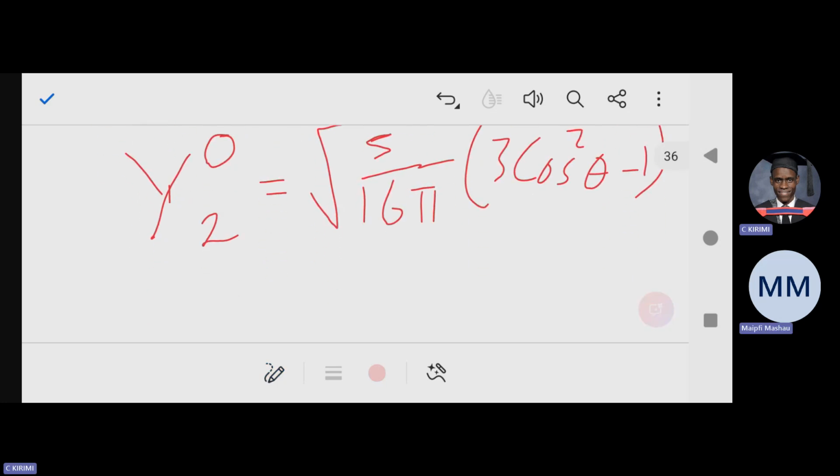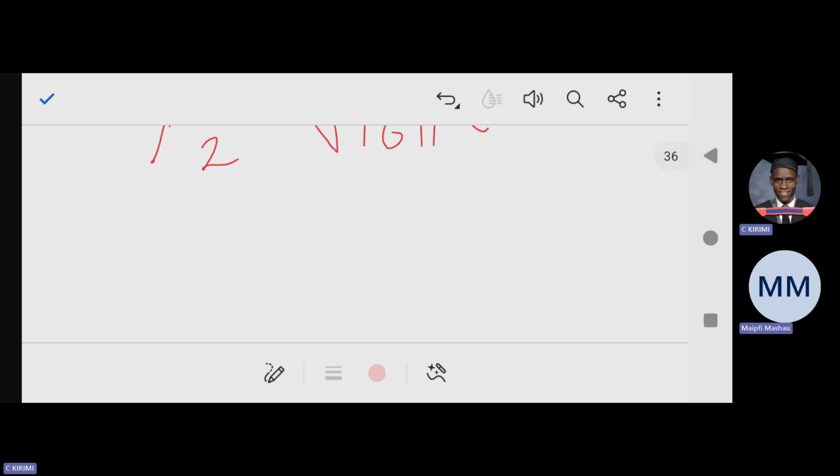And then the other spherical harmonic, whereby L is still 2, but M is either positive or negative 1. When M is positive 1, the corresponding one will be negative. The signs are always different. So when M is negative, this sign changes, so there are 2 of them.